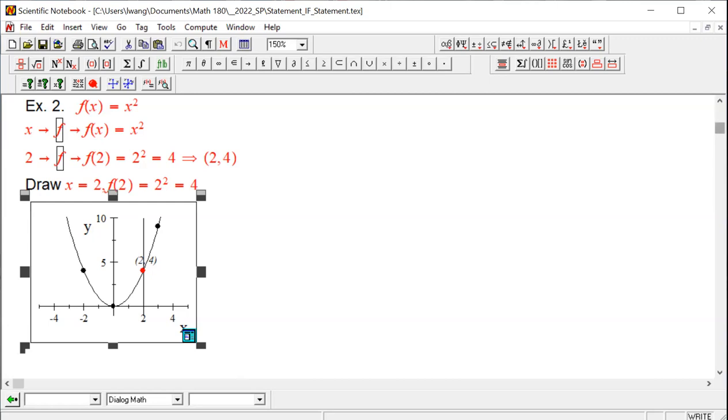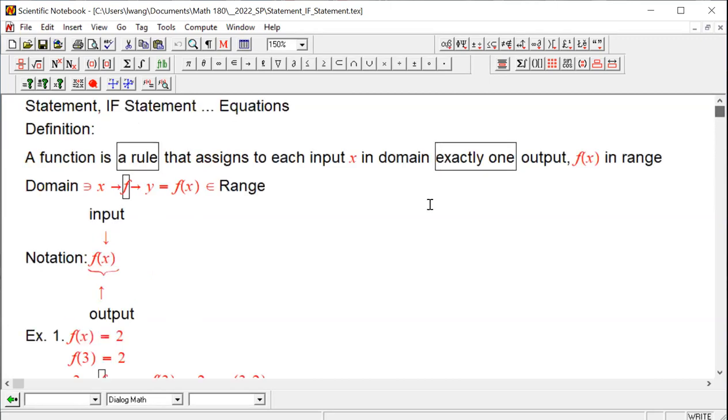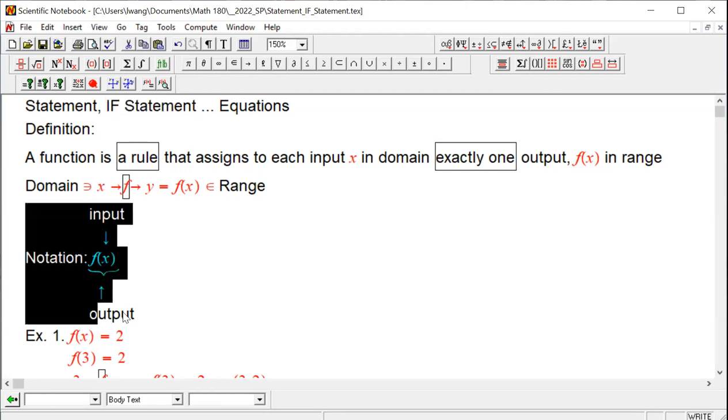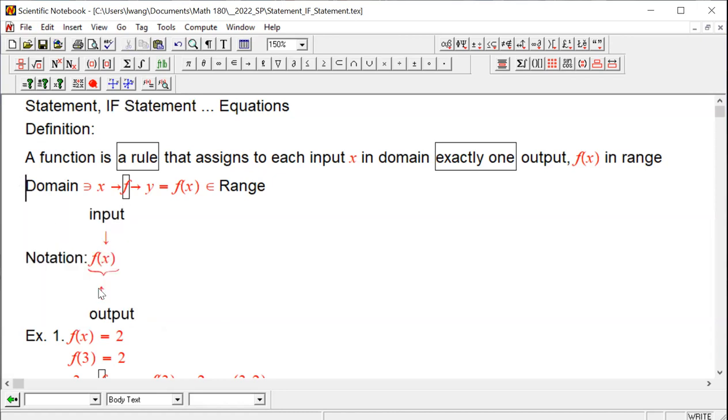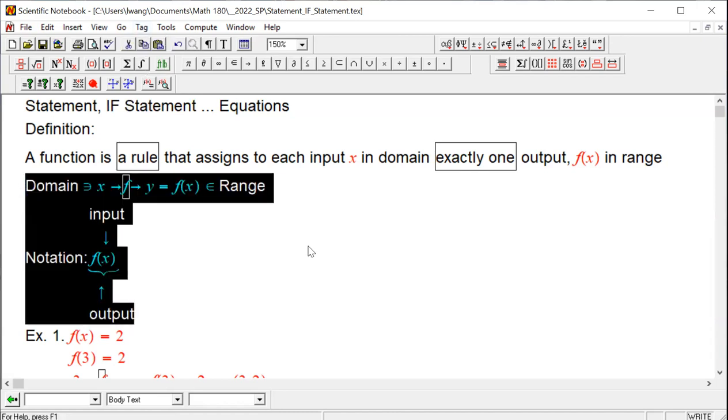Then the next question is, what if the output is given? Sometimes the output is given, and then we're talking about the if statement. So I'm going to take this piece of the picture.